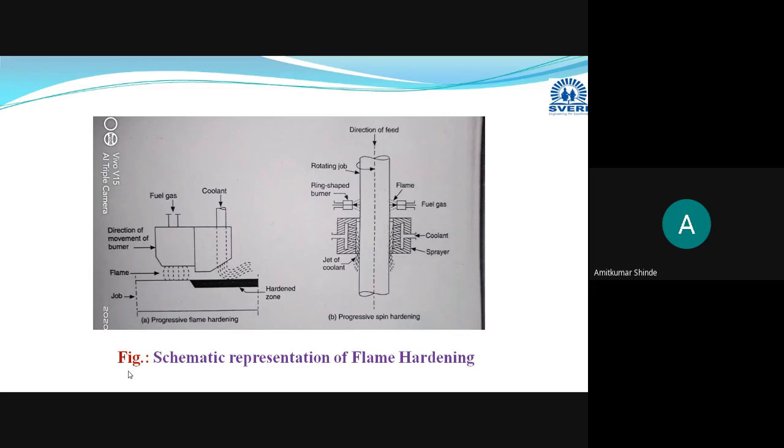Or if all points are clear, also put that in the chat box so that I will move towards the next slide.